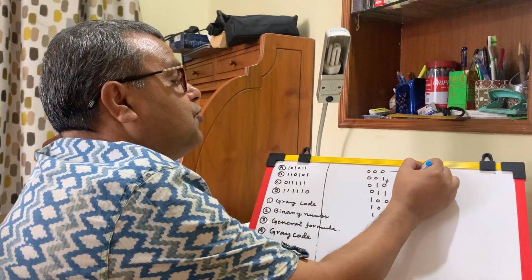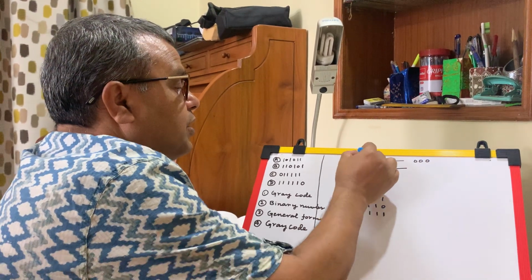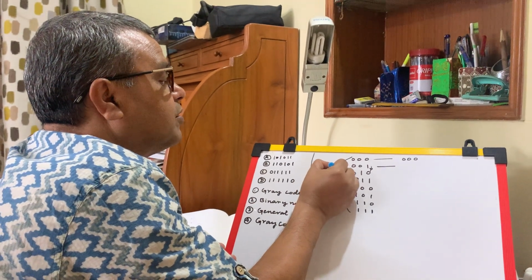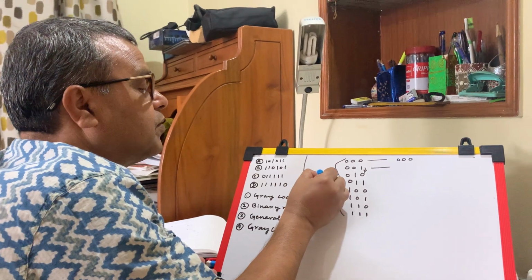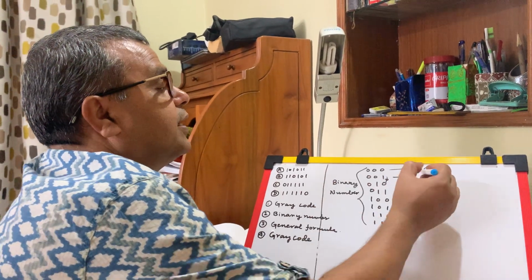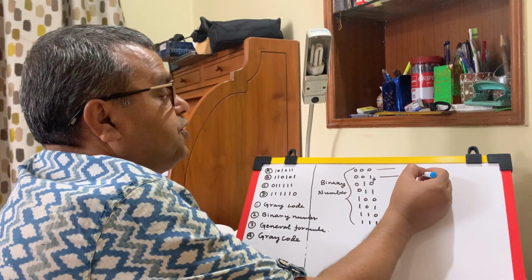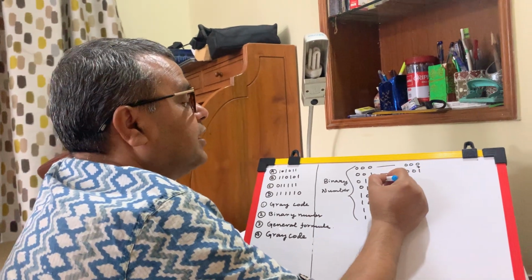So 000 will remain as 000. Let's call it the binary number. And 001 will remain as 001, because only 1 bit is changing, 0 becoming 1.